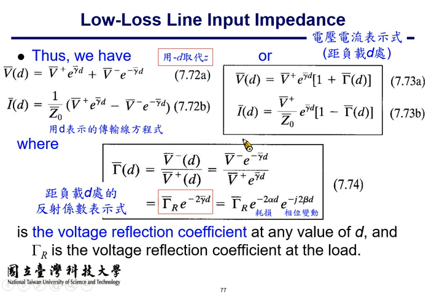Okay, so here we attempt to express the transmission line equation and reflection coefficient expression in terms of D and alpha, the attenuation constant.